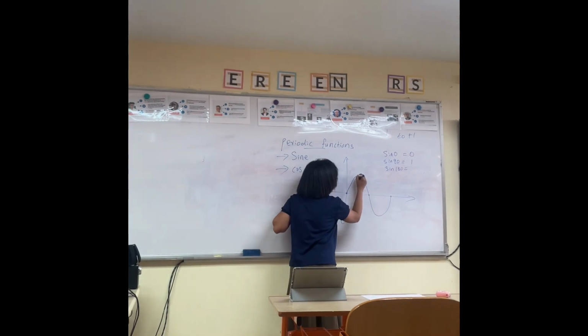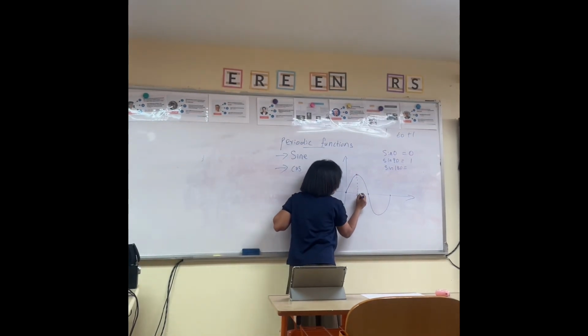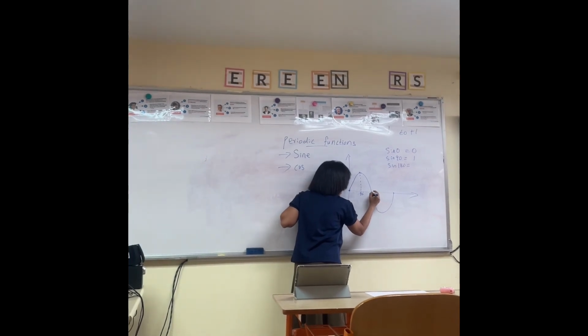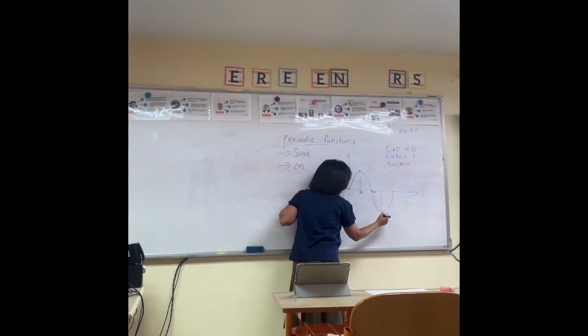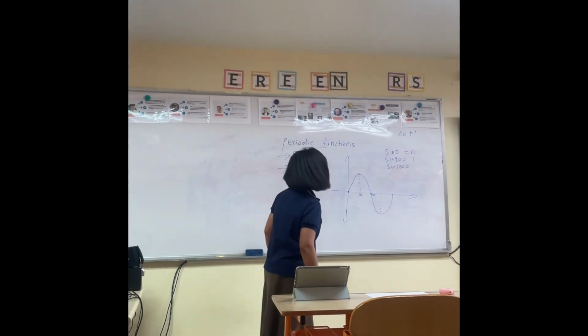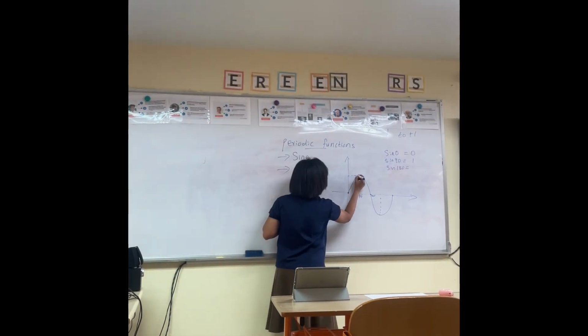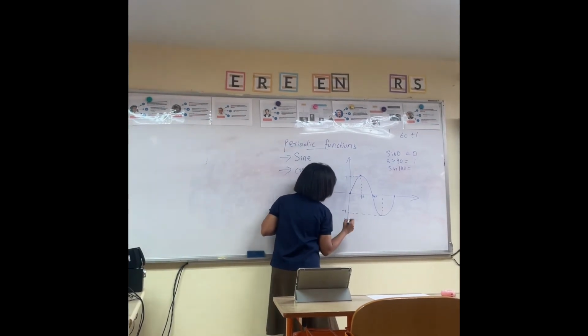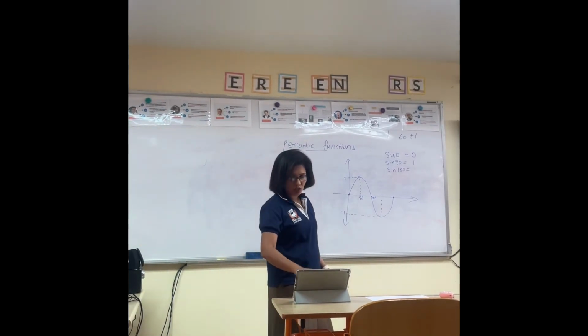And the maximum value at 90 degrees. And at 180 degrees, again 0, then minus 1. It will go like this. So the maximum value is 1, right? Here will be minus 1, negative 1.